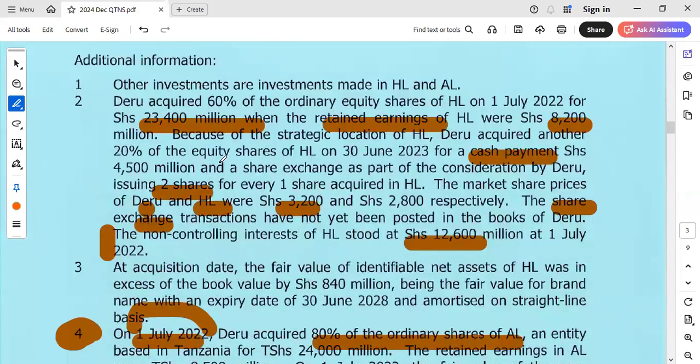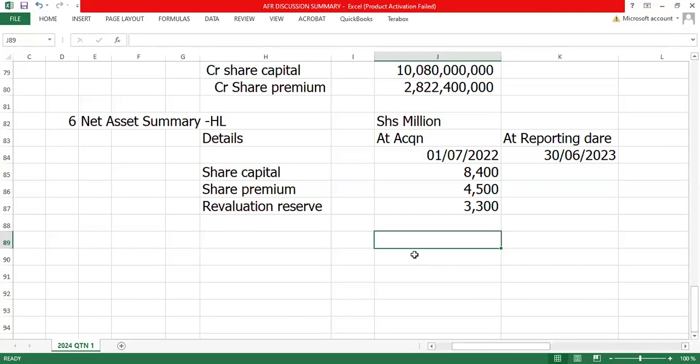At the time you acquired the 60, what was the retained earning? It was 8,200.